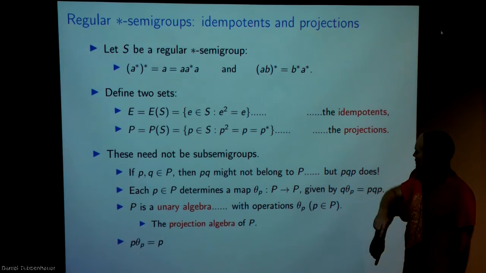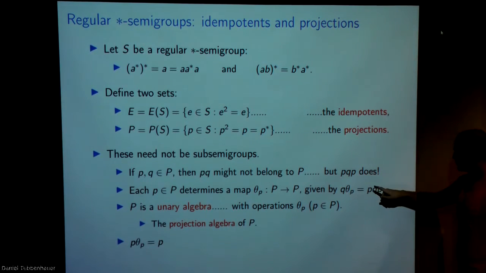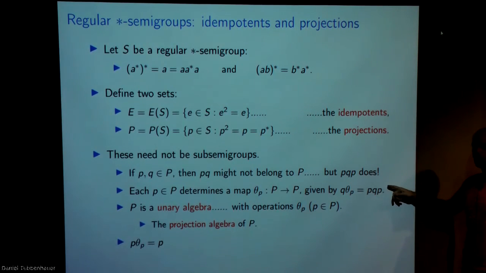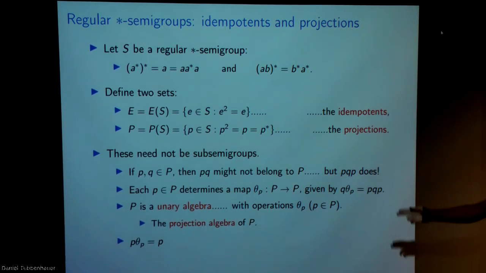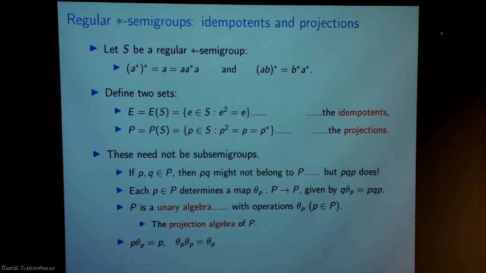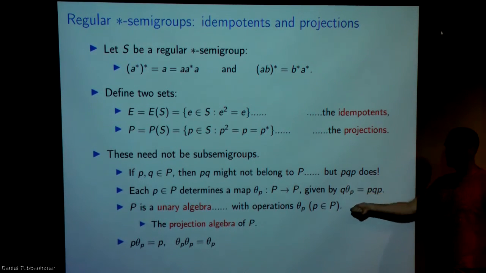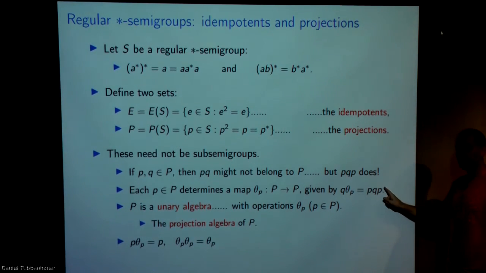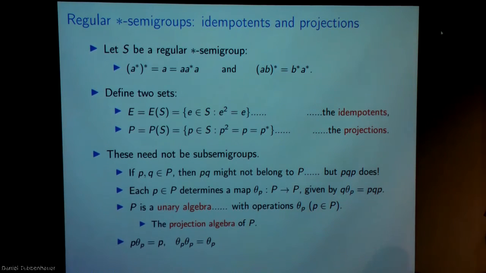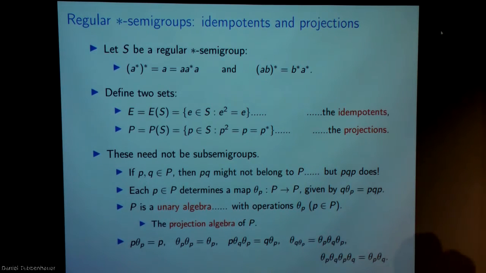What is theta P applied to P? Well, it's just PPP, which is just P, because every projection is an idempotent. So there's an identity that's satisfied. Another identity is that if you do theta P operation and then do the same one again, you've just got a PP here, which is P. So these operations are themselves idempotent. And there's a bunch of other laws that you can quickly figure out.